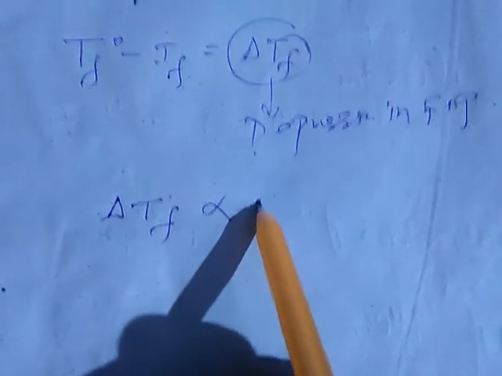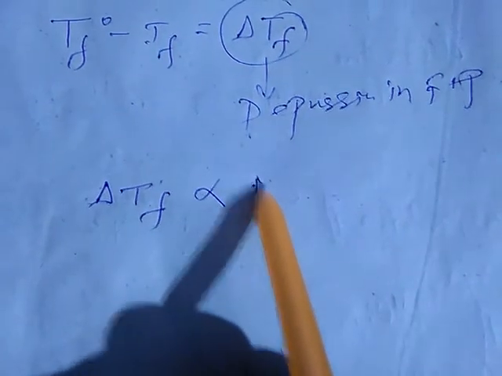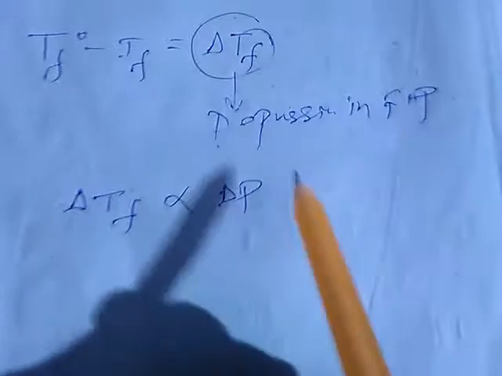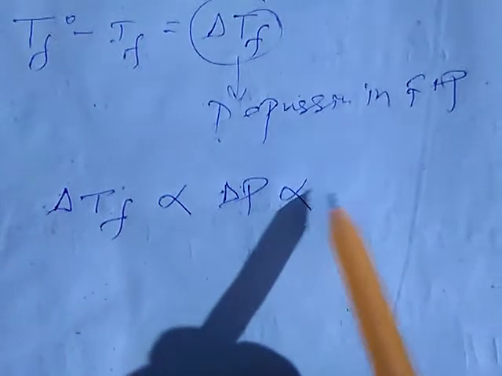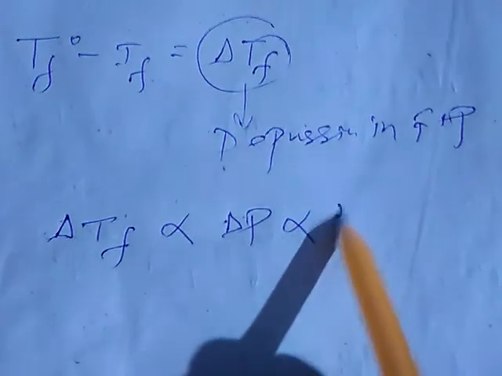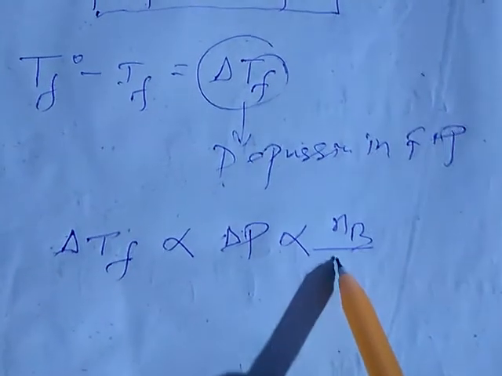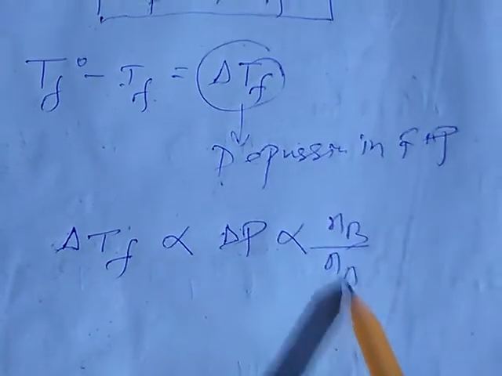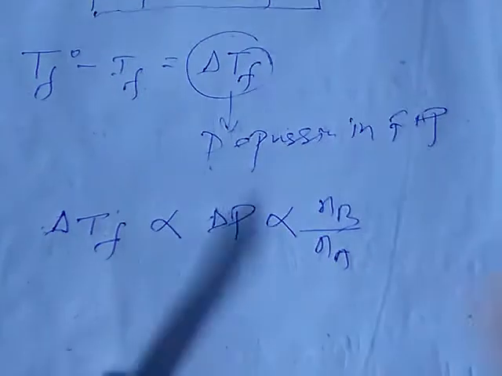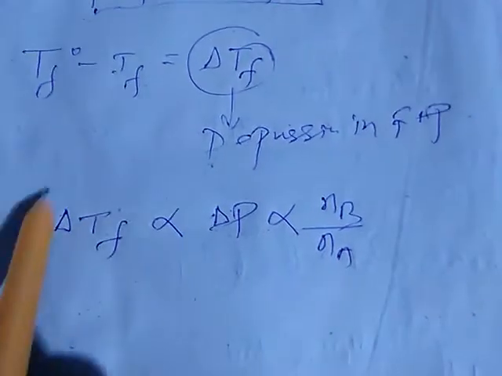To lowering in vapor pressure, delta P. And we all know that this delta P is also directly proportional to Nb by Na, where Nb is the mole of solute while Na is the mole of solvent.